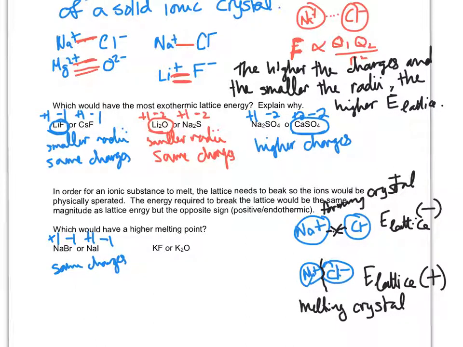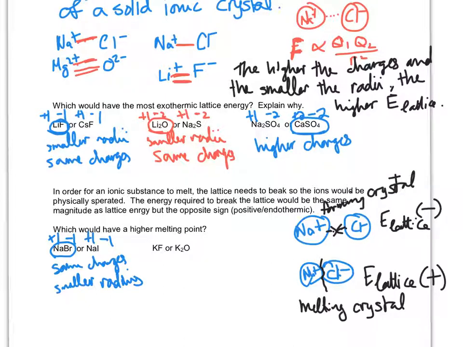They're both Na pluses. So the only difference is the anion. There's Br minus and there's I minus. The one that's smaller is going to be attracted more. And so NaBr has a smaller radius, and therefore it has a higher lattice energy, and therefore I need to heat it up to a higher temperature in order to break that crystal.